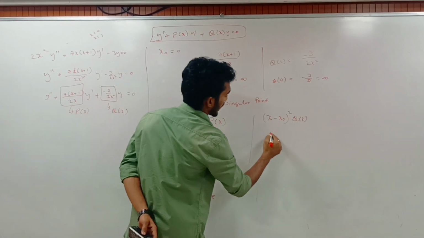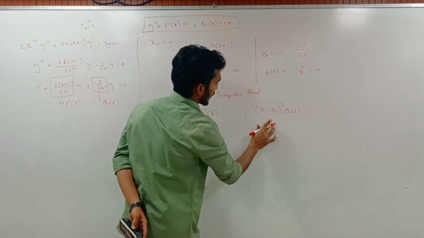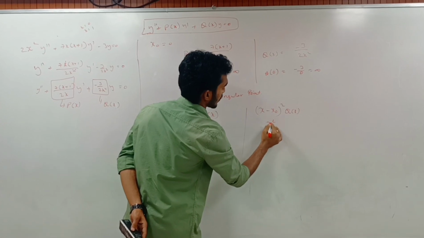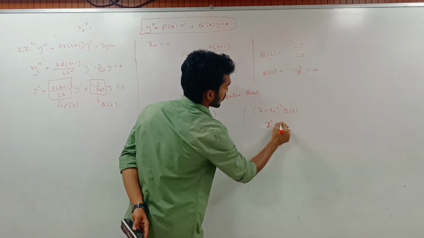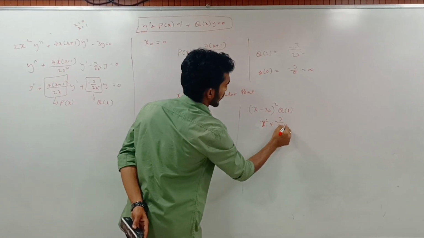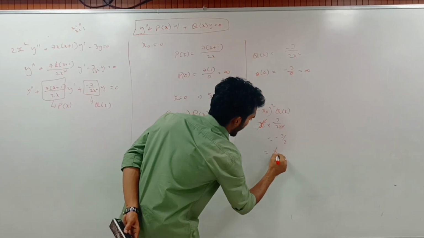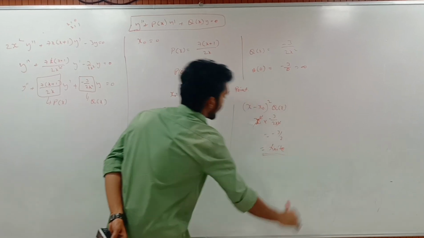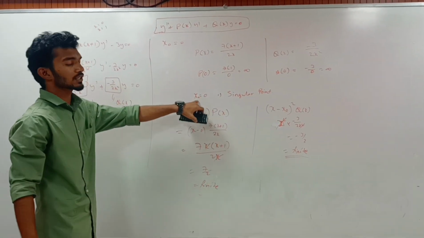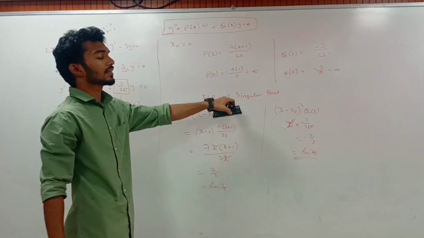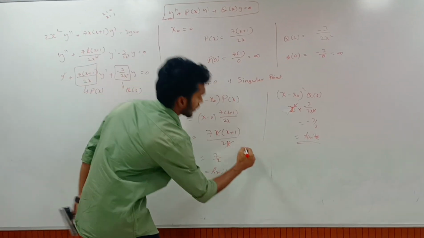Let's find this. x minus x naught is x, so x square into minus 3 by 2x square. The x square got cancelled, that is minus 3 by 2. It is also finite. So what we can conclude is the given x naught equal to 0 is a regular singular point, right?